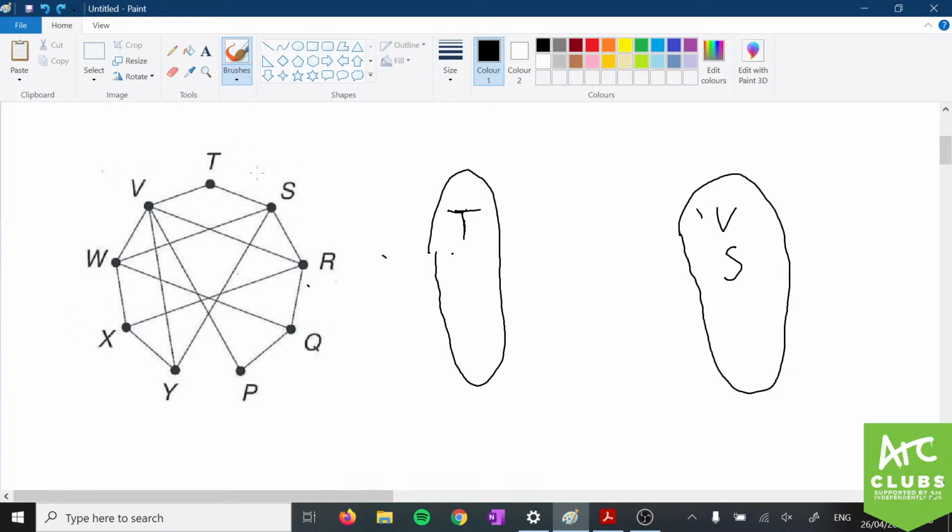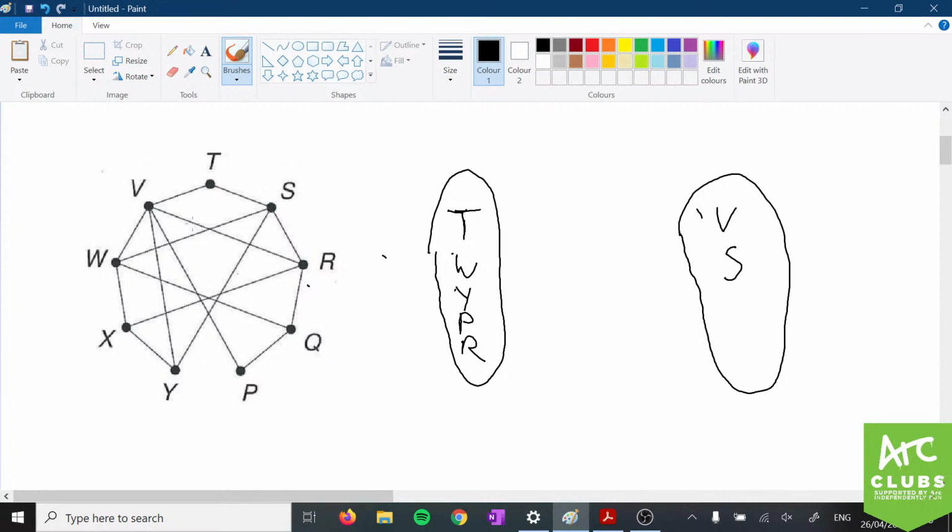So W, Y, P, R, and T is already here. They must be in this group. And we just repeat for, say, S. For S, the neighbors are T, W, Y, and R. And yeah, I think they're already part of the other group, so we don't do anything about that.